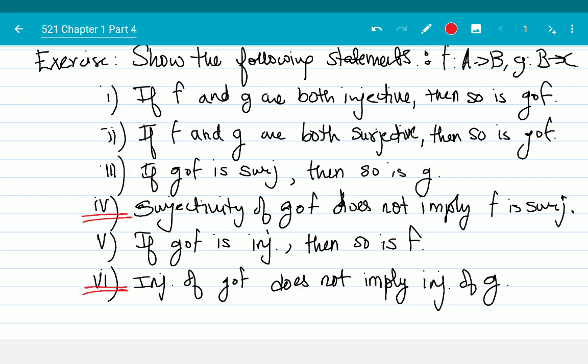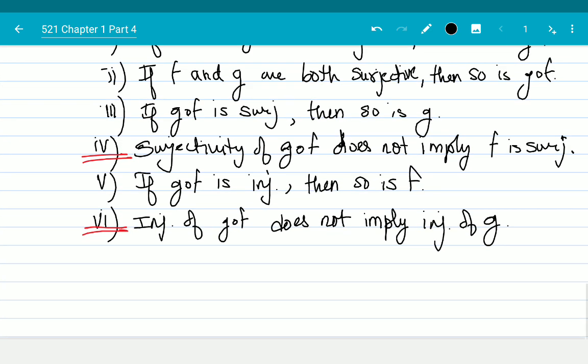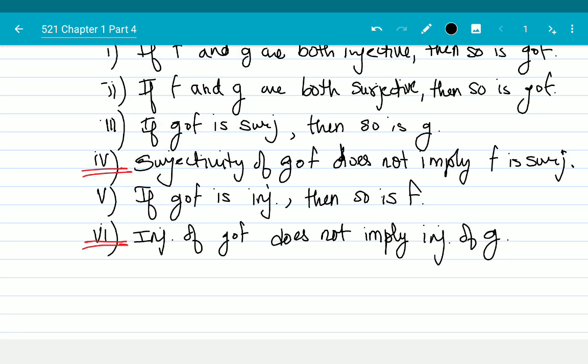If you're looking for bijective functions, you won't find counterexamples which satisfy 4 and 6, because of the way bijective functions work. They are always injective as well as surjective. So you want to create examples where one of them is not injective or not surjective, so that you can play with them.